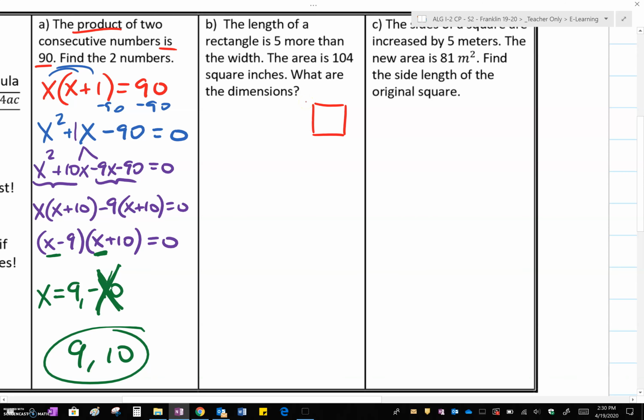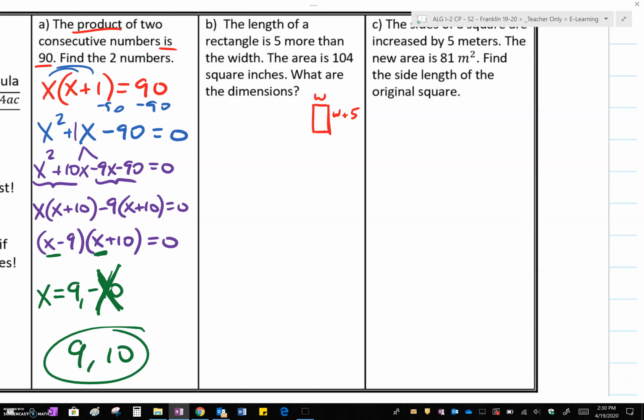And in our problem, we are given the dimensions in terms of the width. So if we have the width here, W, we'll call it, the length is 5 more than the width. So instead of writing L, we're going to write W plus 5, because our length is the width plus 5. It's 5 more than the width.